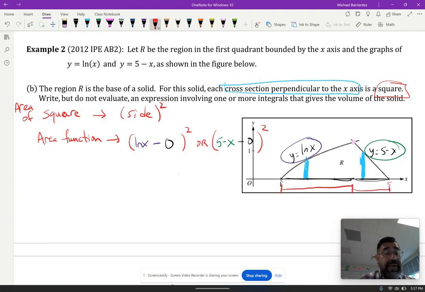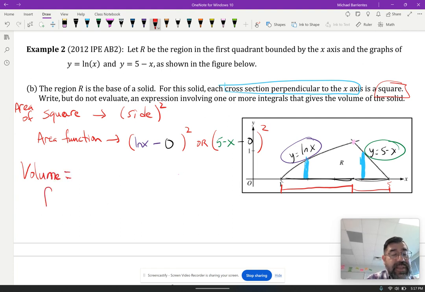Awesome. So if we're looking for the volume, it equals the integral from 1 to whatever this point is, question mark. So I'm going to say 1 to something of natural log of x, and let me just do this in red, natural log of x, squared.